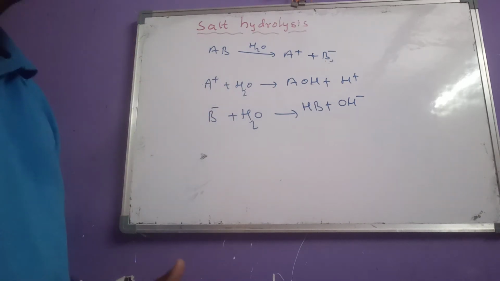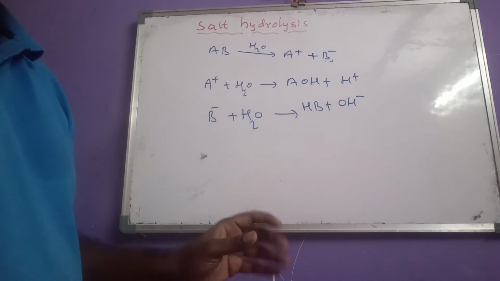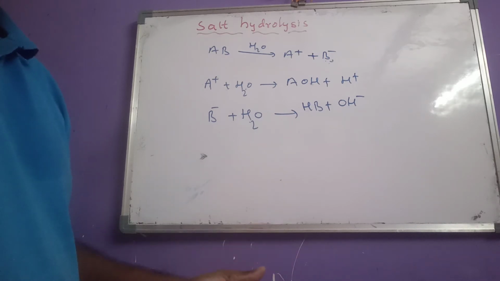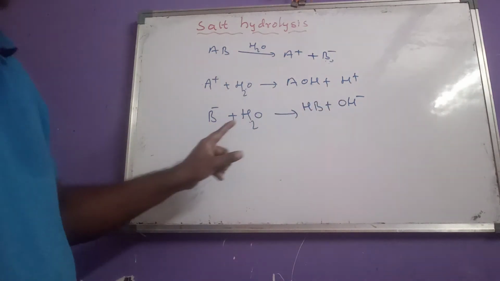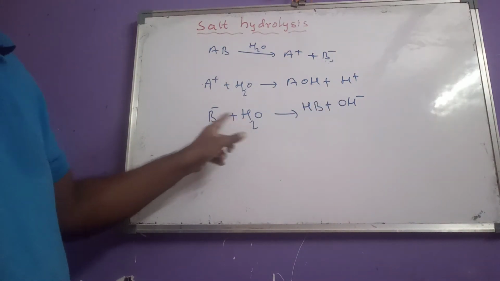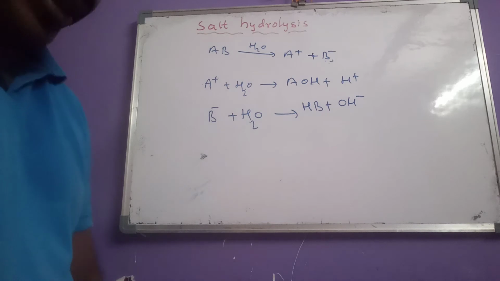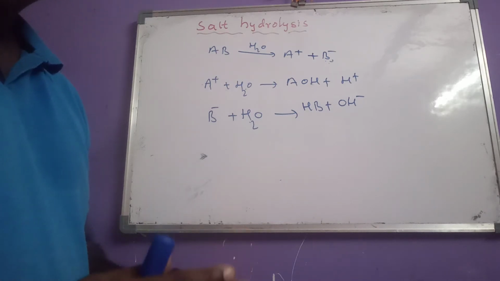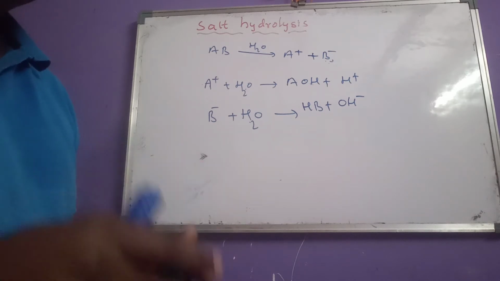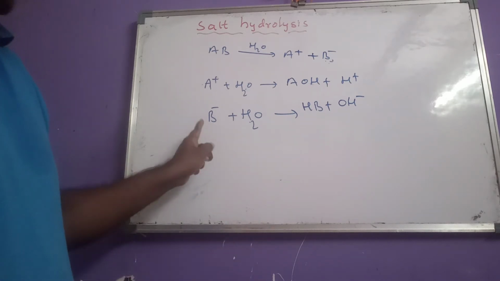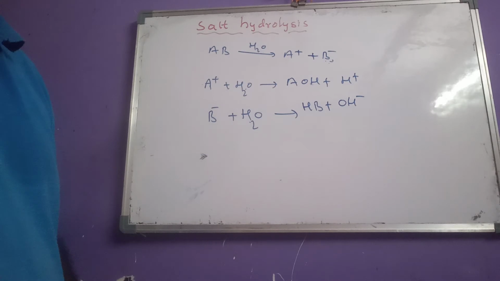And similarly, if any aqueous solution of a salt has a basic nature, that indicates anionic hydrolysis. So if the salt solution has acidic nature, cationic hydrolysis. If the salt solution has basic nature, anionic hydrolysis.